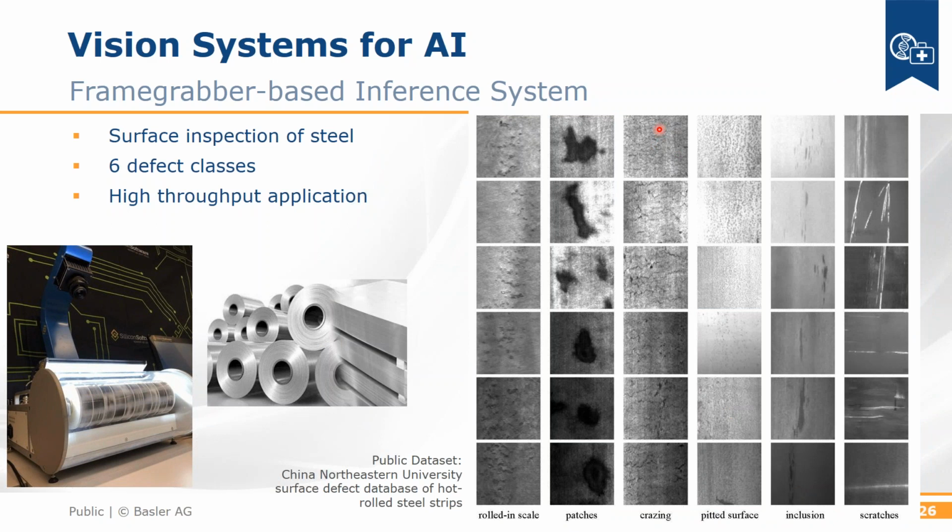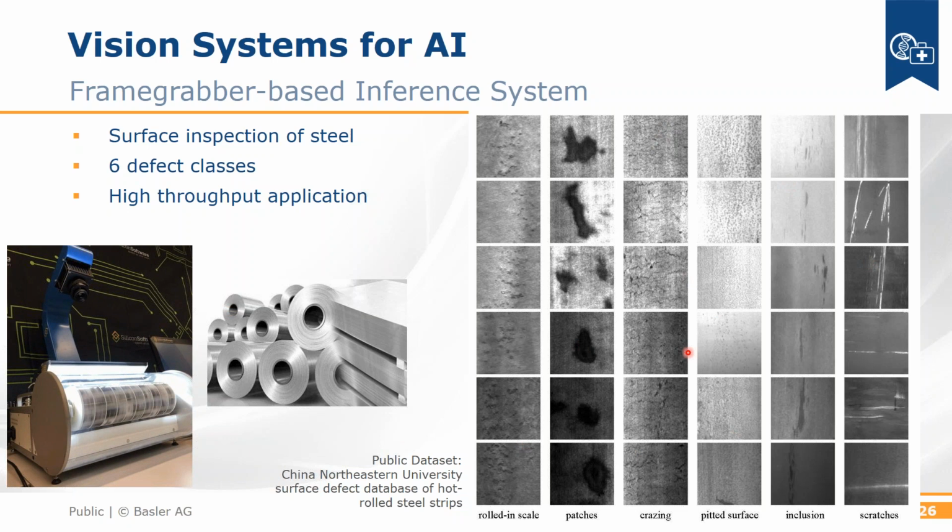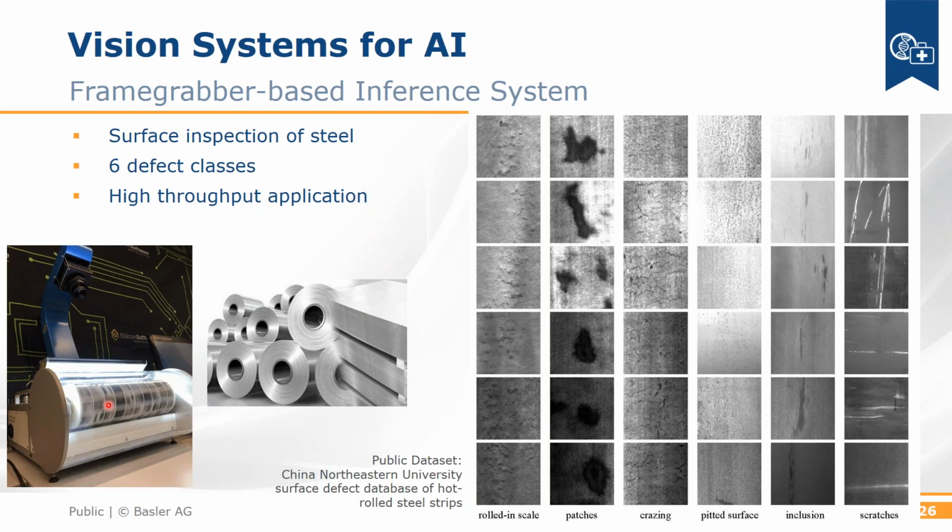So Silicon Software made a demo where they used a surface inspection of steel. On this roll, there are printed images like these ones from the 6 classes. So rolled-in scale, patches, maybe some crazing, pitted surfaces, inclusions or directly scratches you can see here on this roll.